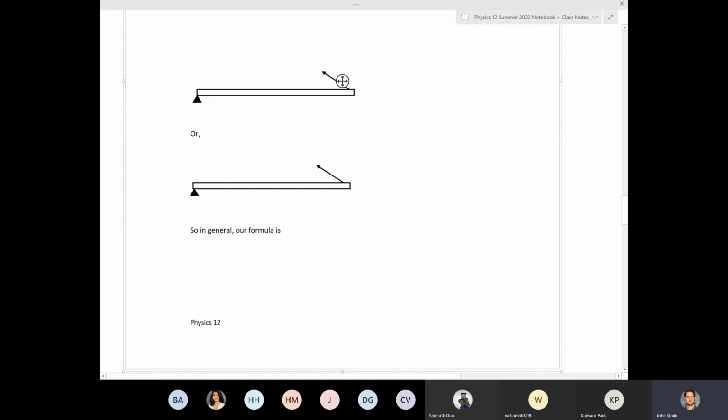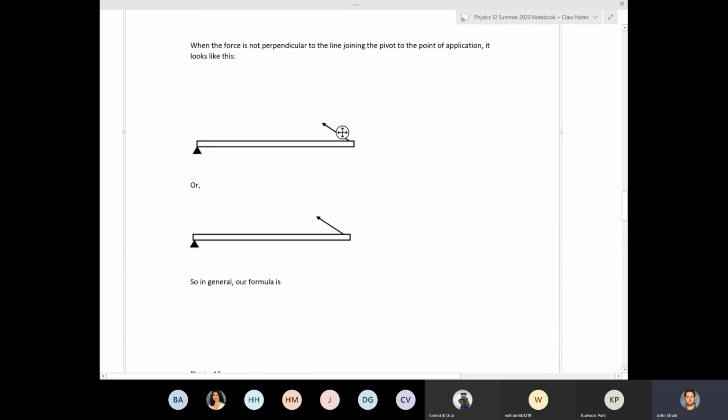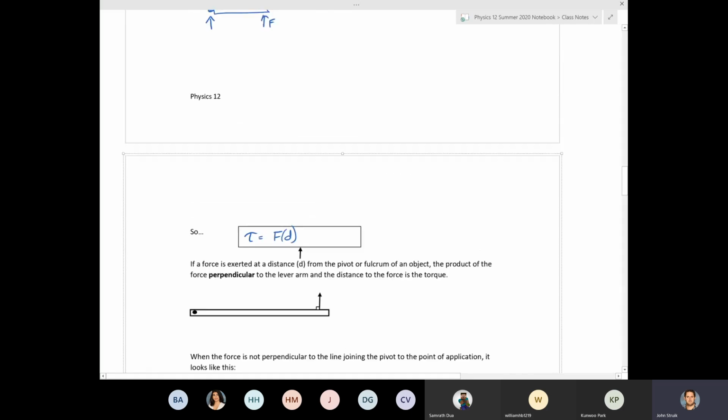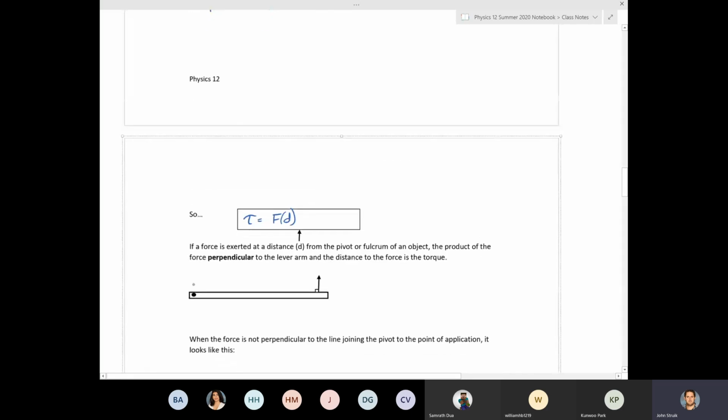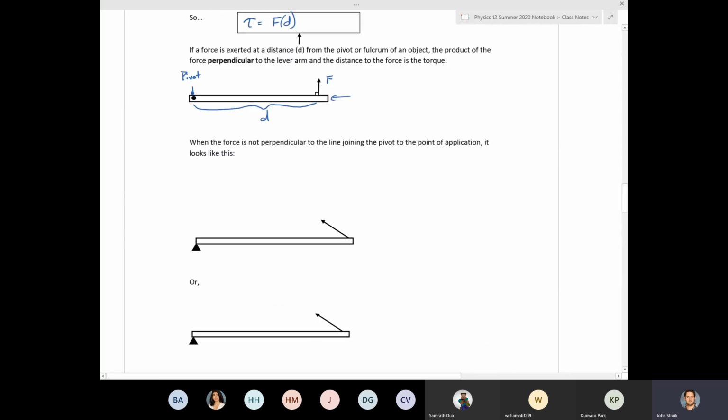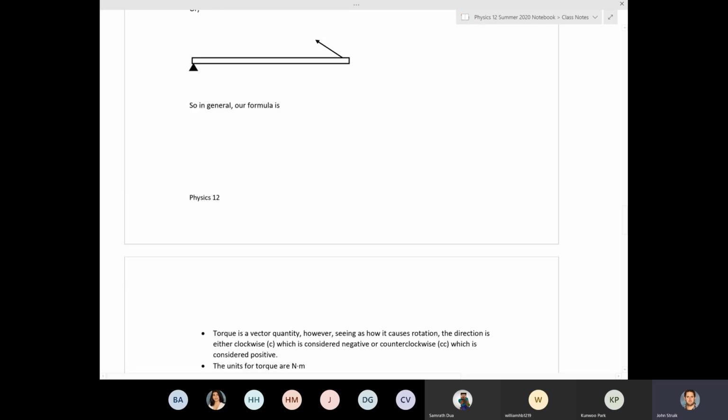So if this is the pivot point, or the fulcrum, the force being applied is perpendicular to the lever arm, the thing that's rotating, and the distance is from the pivot to the actual force that's causing the rotation. We're going to skip the general formula because that's tomorrow's.